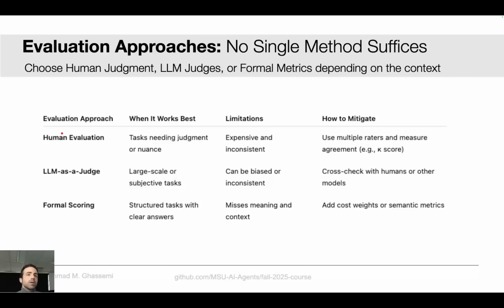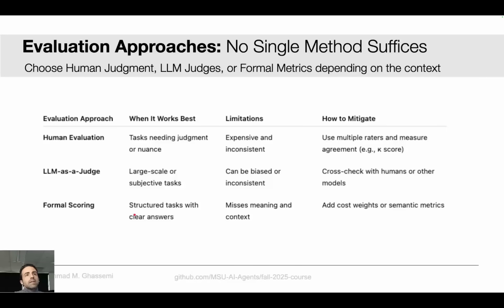So first, when do these work best in practice? Well, starting with the formal scoring, if you have a structured task with a clear answer, like the information extraction task that we were looking at in the motivational example, great, you should use formal scoring. If we have a way we can measure this, let's just use the measurement to tell us what's best.